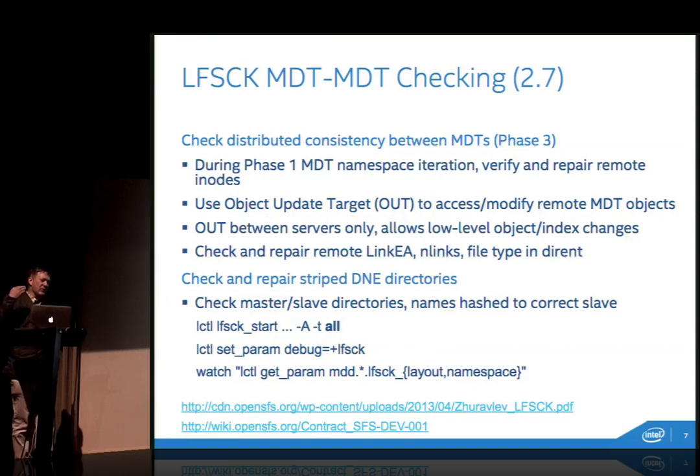Of course, if you have cross MDT hard links, the directory entry on one MDT is pointing at an inode on a second MDT, and then you have a back pointer from that MDT, like the entry of the directory is pointing back at the parent, and the link EA is pointing back at the parent, and you want to make sure that those two pairs are consistent.